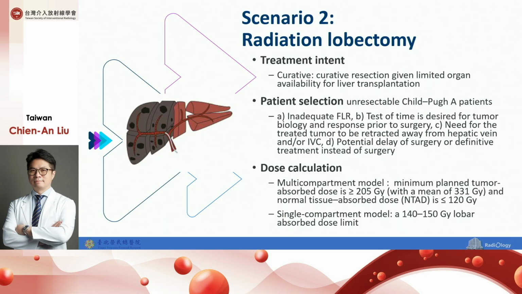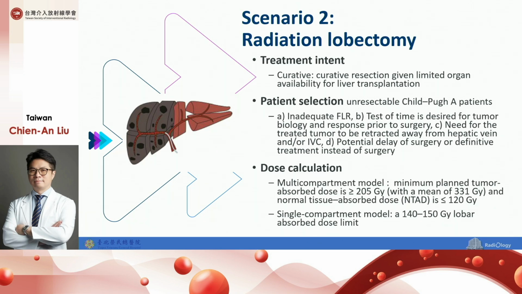The second scenario is radiation lobectomy. It is of curative intent if you want the patient to go to liver transplant or receive resection. The patient selection should be good liver function, Child A, with an inadequate future liver remnant, and then you can do that to make the contralateral lobe hypertrophy.